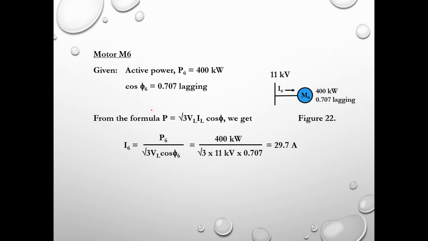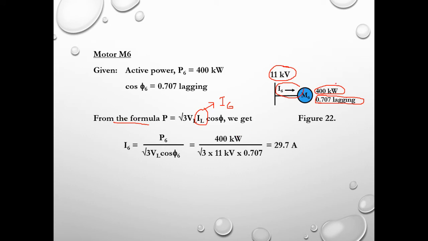And then motor number 6, 400 kilowatt, is provided with 0.707 lagging power factor. So this is I6 with line voltage of 11 kV. From the formula P equal to square root 3 VL I cos theta, we get I6. So I6 equals P6 over square root 3 VL cos theta.